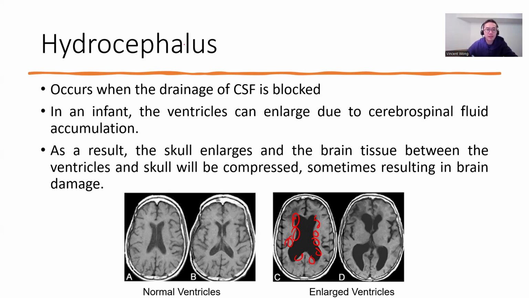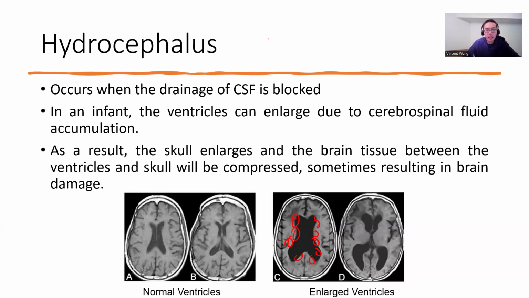So what do you do in these situations? Well, they have to identify the cause of the hydrocephalus first, right? Like they have to know what's causing the blockade. If it's a tumor, they will see if it's possible to surgically remove it. If it's caused by a drainage problem, then they have to try to unblock the drain.